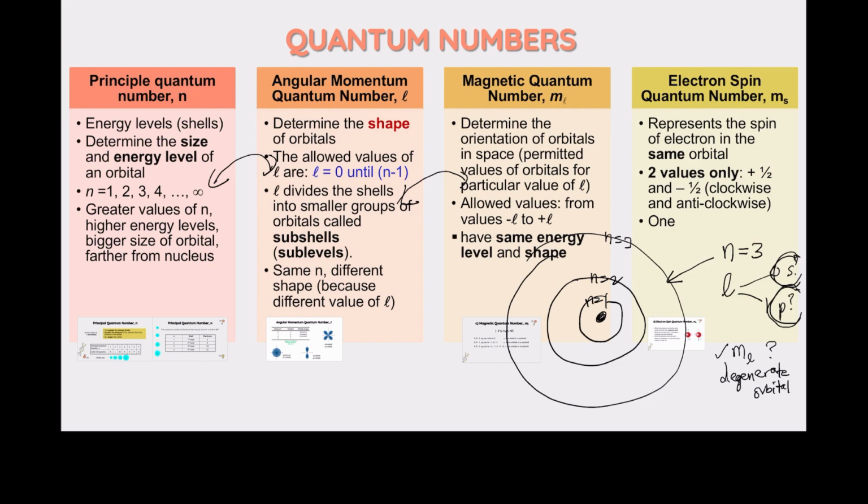And later on, after identifying the ml, you must consider the value of ms as well. Okay, because in one orbital, we can maximize occupy as much as 2 electrons. Why? Because the value of the ms can only have two values, plus half and negative half. Meaning that in one orbital, we can maximize as much as 2 electrons.